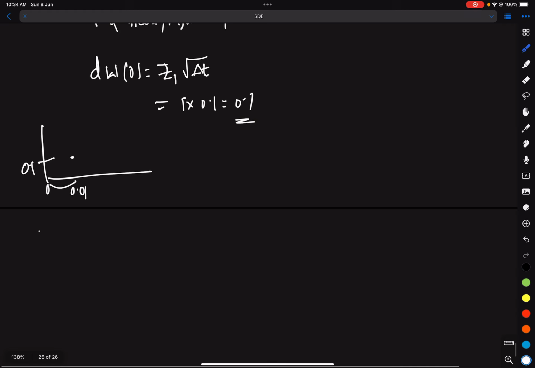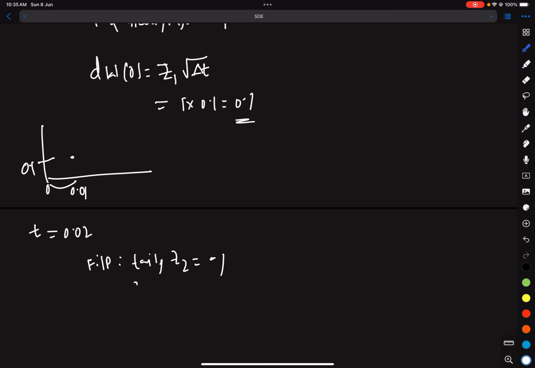And if I take the time 0.02, and here a random walk or flip, for example tail, or z2 is equal to minus 1, or a left move.